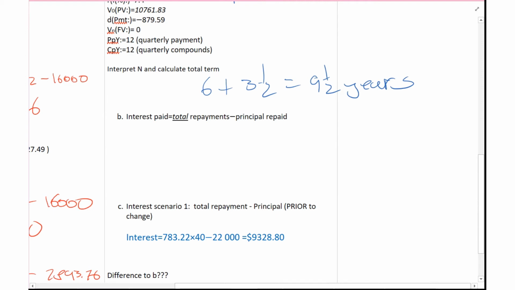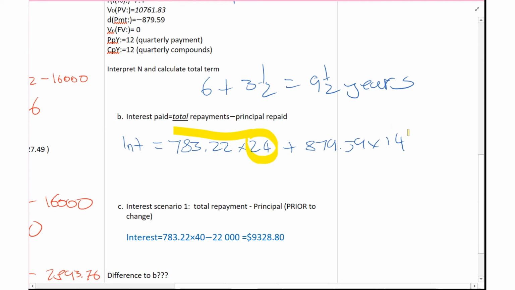So in this case, interest equals total. So I'm going to have to go 783.22 times 24 plus 879.59 times 14. Because remember, this was the first 6 years, that's the 24, and that's my 3.5.